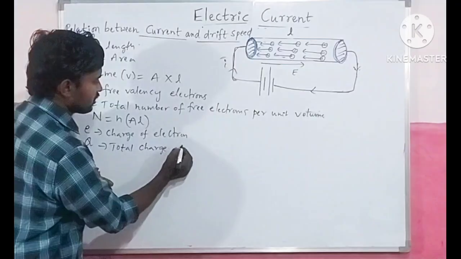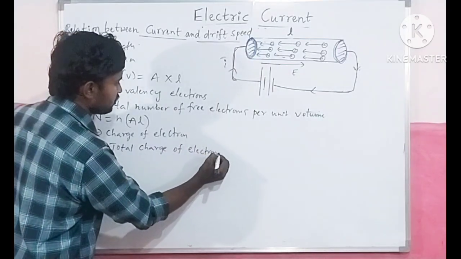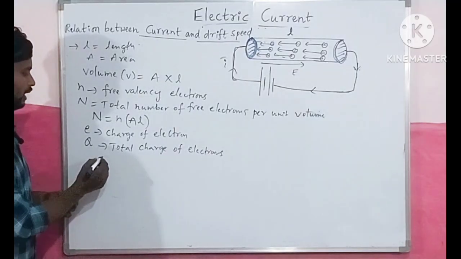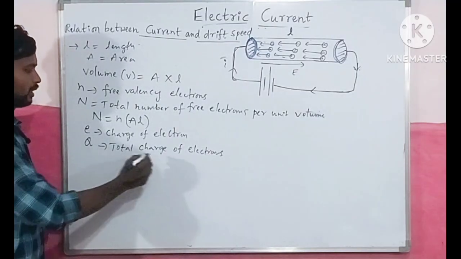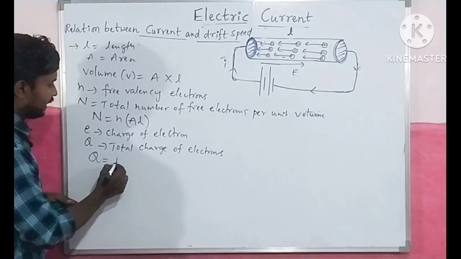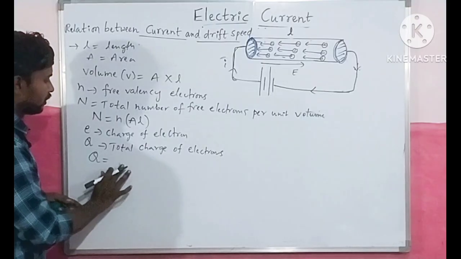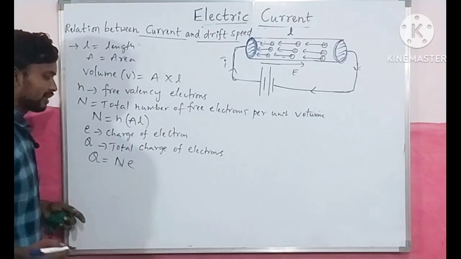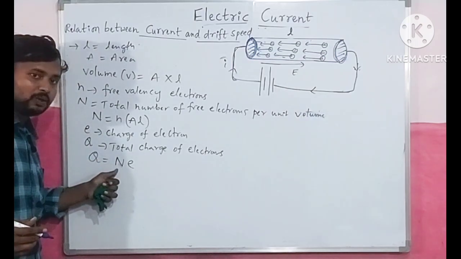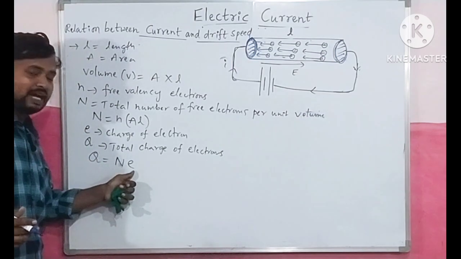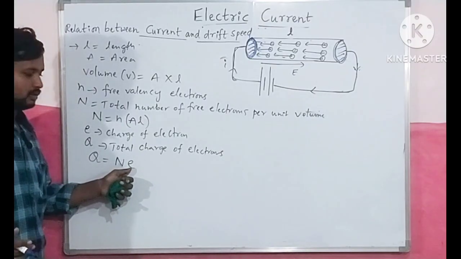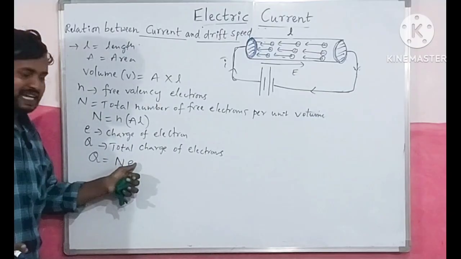Q equals the total number of electrons into the charge of an electron.